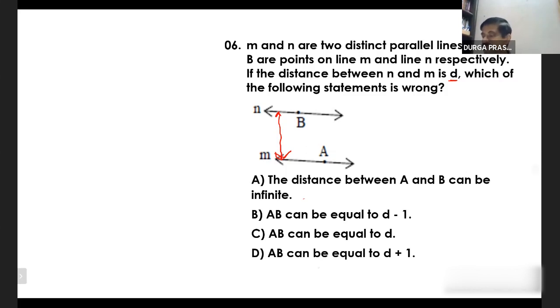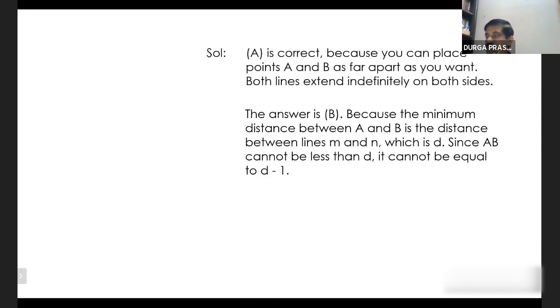Now he has given 4 options. A is correct because the parallel lines could be anywhere, so the distance could be infinite.